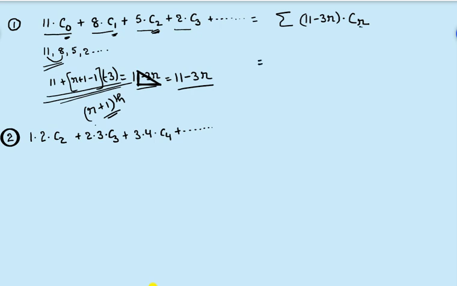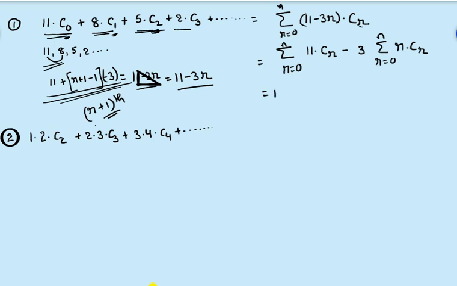So again we can write this one as summation where r is running from 0 to n, sorry. R is equal to 0, we get the first term. R is equal to 1, we get the second term. R is equal to 2, we get the third term, and so on. Now I can write this one as sigma r is equal to 0 to n, 11 into Cr, minus 3 into sigma r is equal to 0 to n, r into Cr.